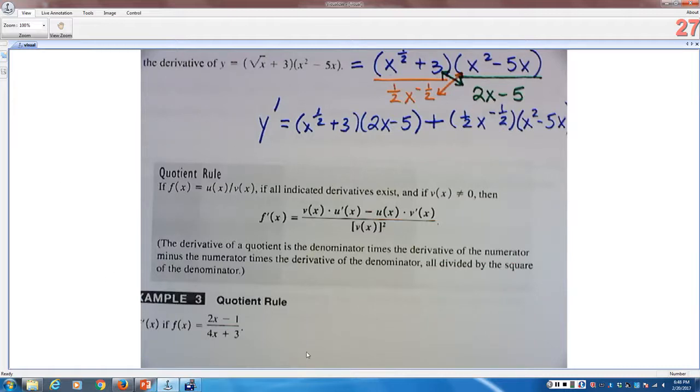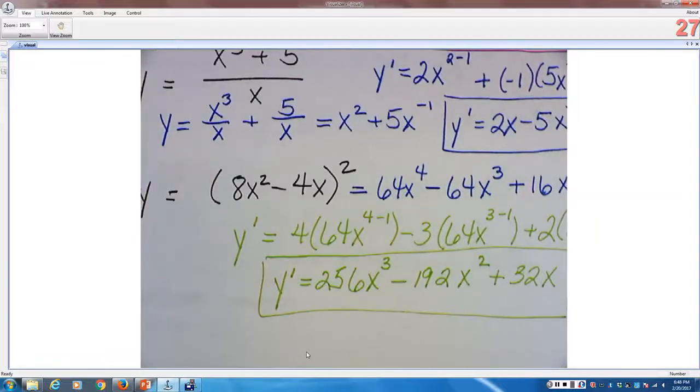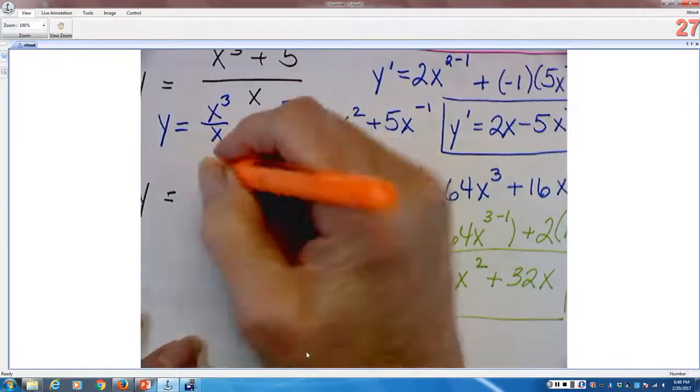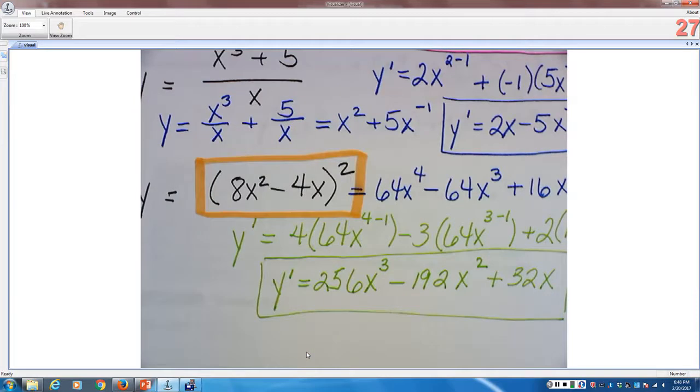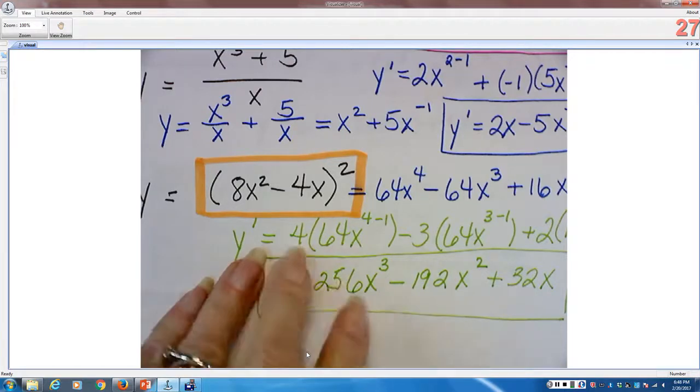Okay, let's go back to my quiz for a second. That's technically a product rule problem. Okay? So keep that handy. We're going to work it again. We're going to use product rule on it.